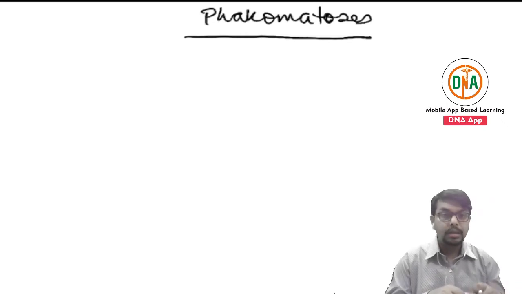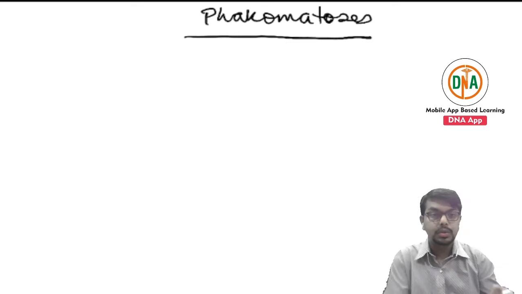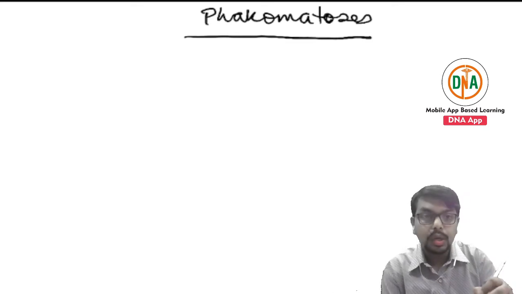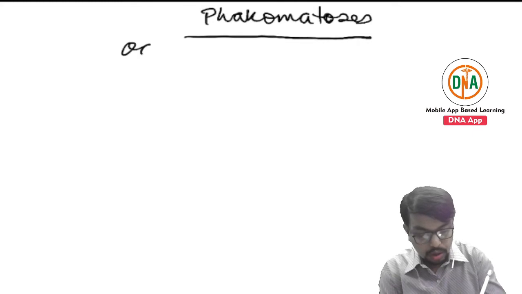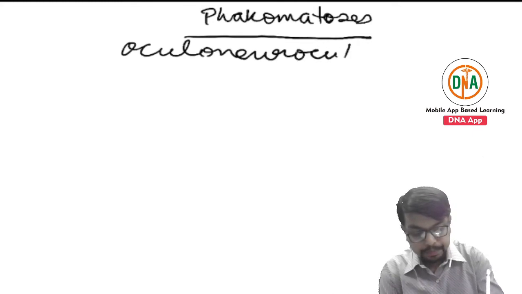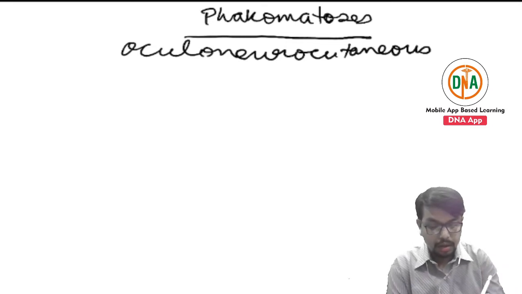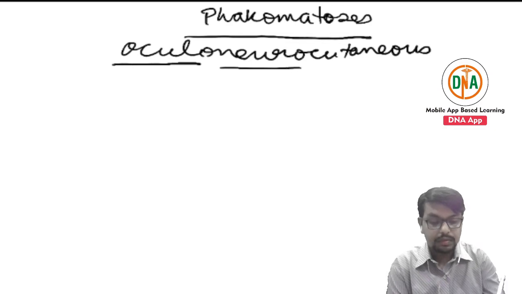This is also known as oculoneurocutaneous syndrome. As is implied from the name, all of the diseases have some ocular features, some features involving the nervous system and some involving the cutaneous system.